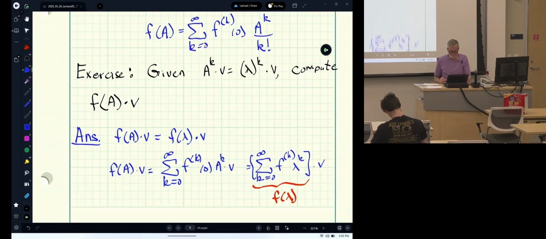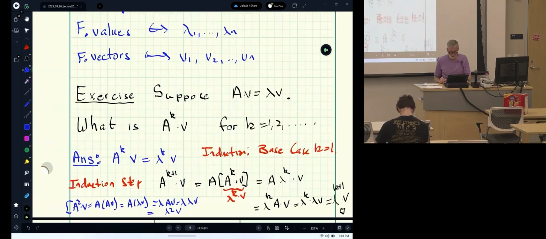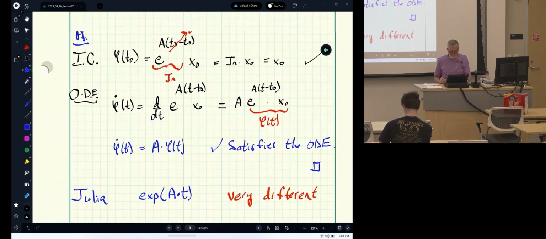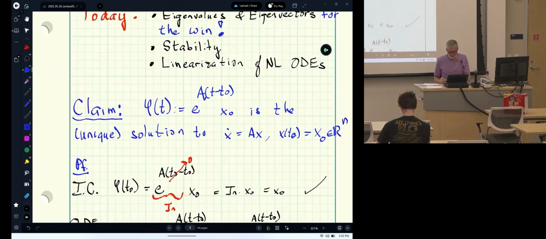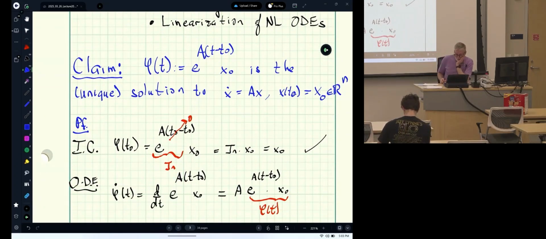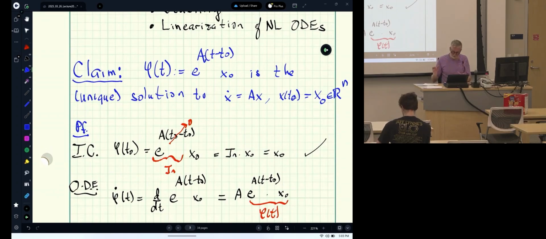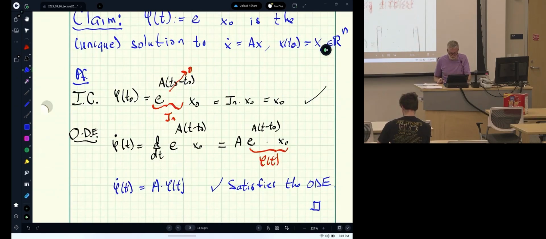Okay, e to the A t times x0 is the solution to x dot equals Ax. The matrix exponential times the initial condition.